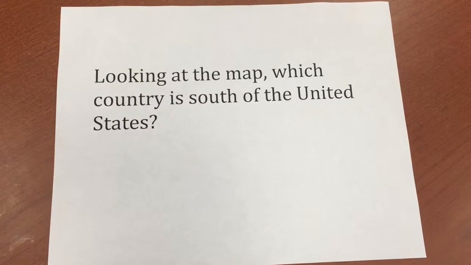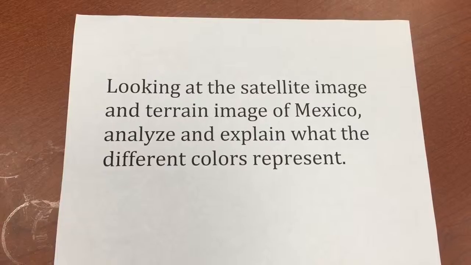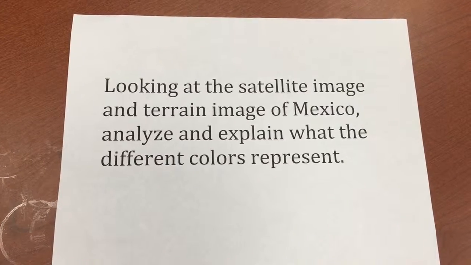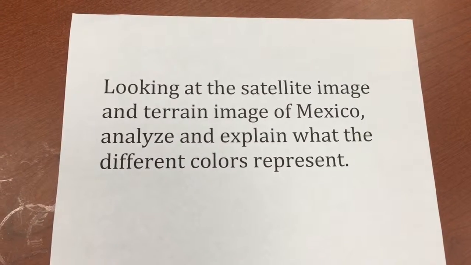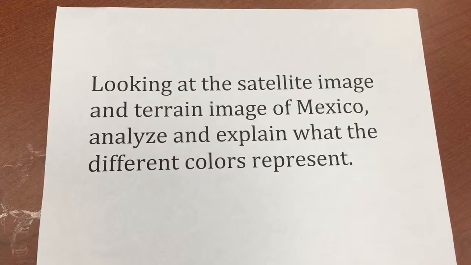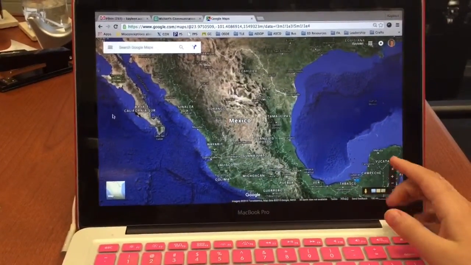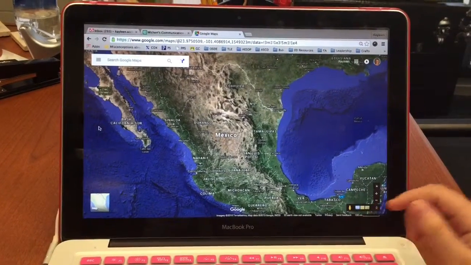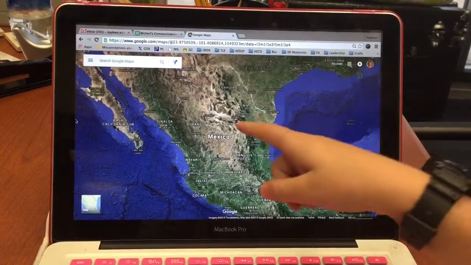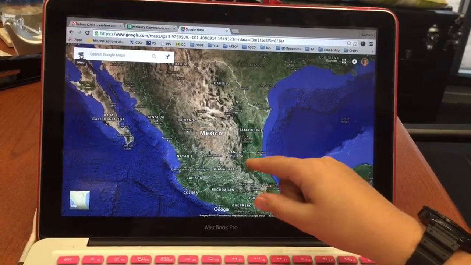Looking at the map, which country is south of the United States? Mexico. Now that you've been studying about the rain shadow effect, let's look at the satellite image and terrain image of Mexico. I would like you to analyze and explain what the different colors represent. The green means the areas that I think get more rain, and the brown places don't get as much rain and stuff like that.